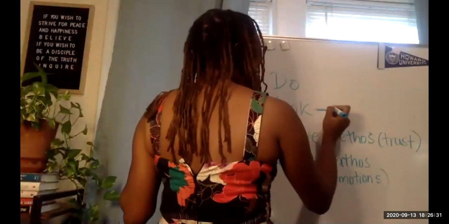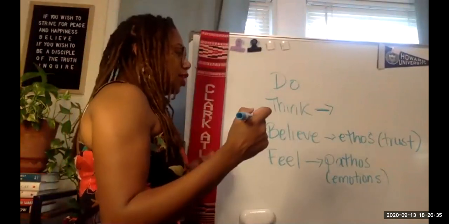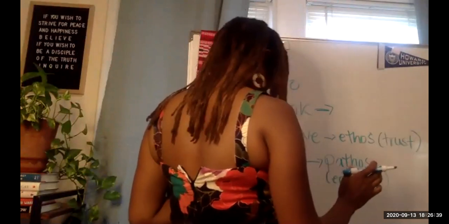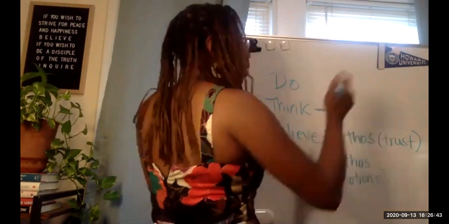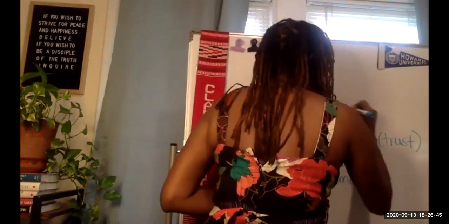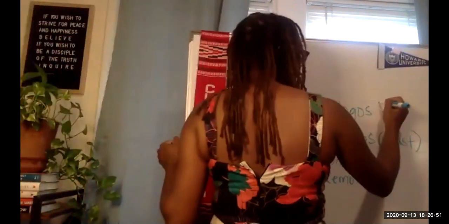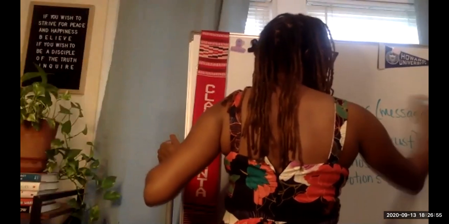So then we have think. Think is associated with, actually, I'm sorry, not pathos. Think, do, believe. What am I missing? Oh, I'm sorry. Think is logos. Logos appeal. Logos is all about that message, and I'm going to put clear here.